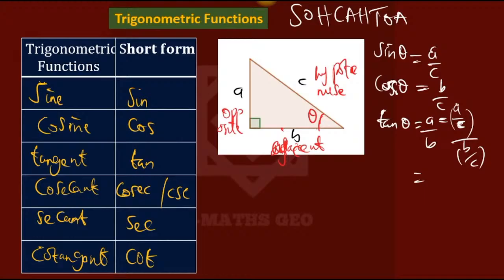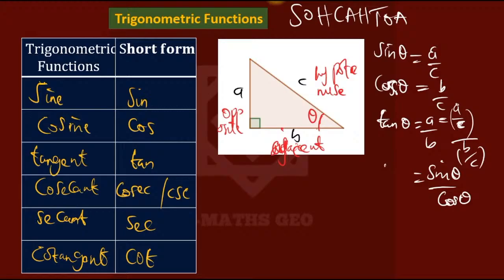It shows that tan is always sine over cos. This is called the quotient identity.